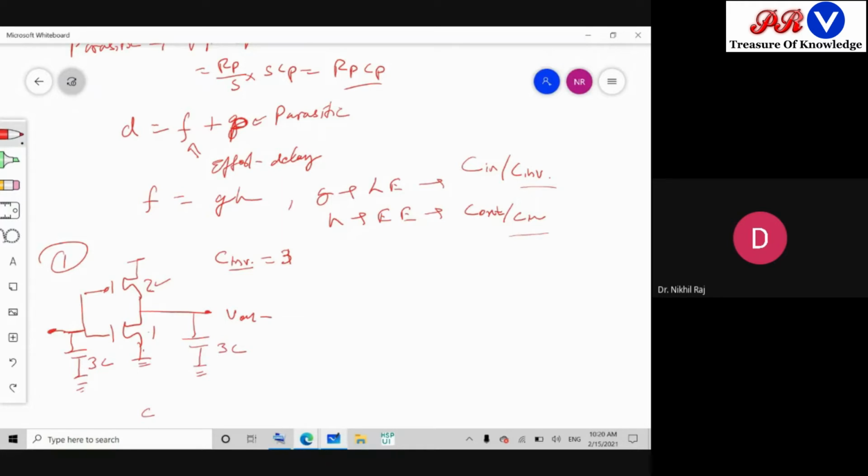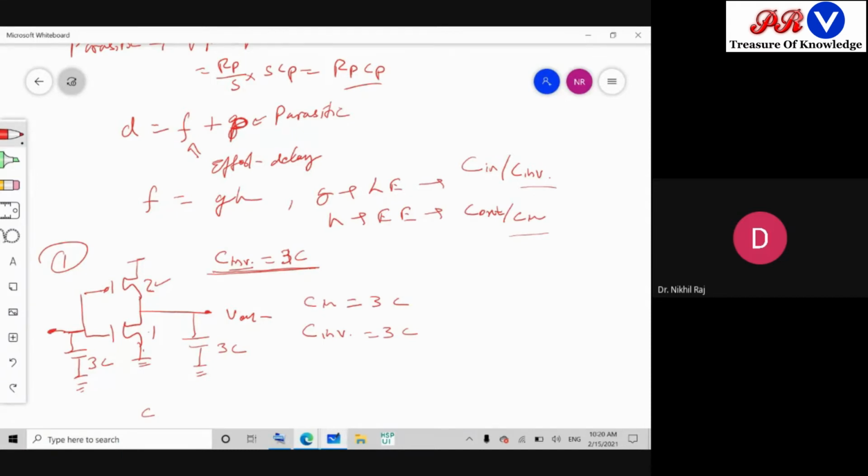So we have got that C in is 3C, and it is given in the question that the ideal size inverter has the standardized capacitance 3C. So 3C is the inverter capacitance given in the data sheet.